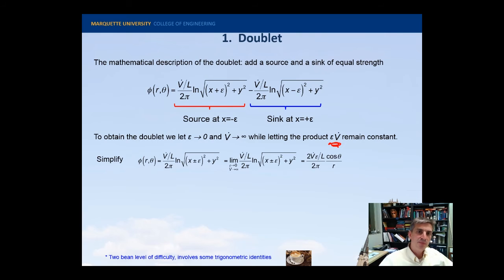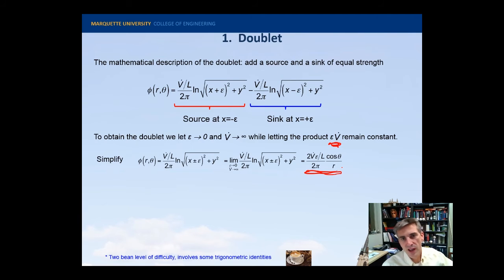So this is the basic form, and here is the combination as far as the potential function goes. And we take the limit of this as eta goes to zero, and the volumetric flow rate goes to infinity. And one can show that this is what you get. Now, I'm going to let you actually do this.